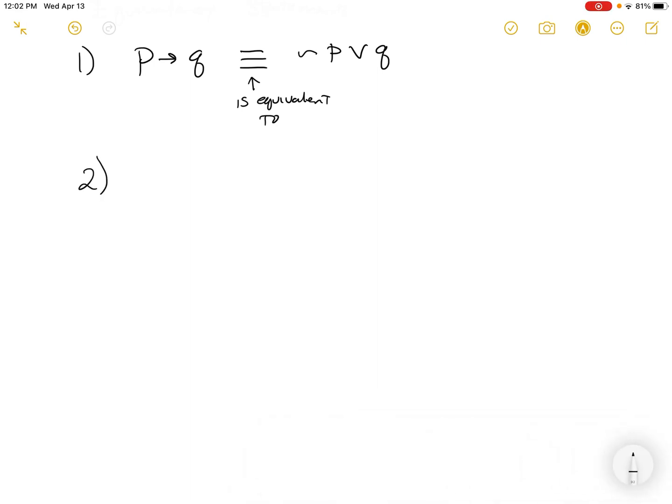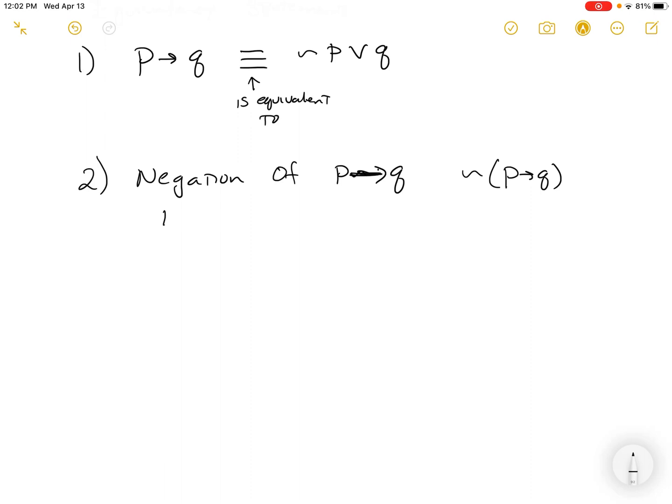The second consequence is the negation of P implies Q. Now, remember what that is. We're going to negate something. It's going to look like this symbol-wise.